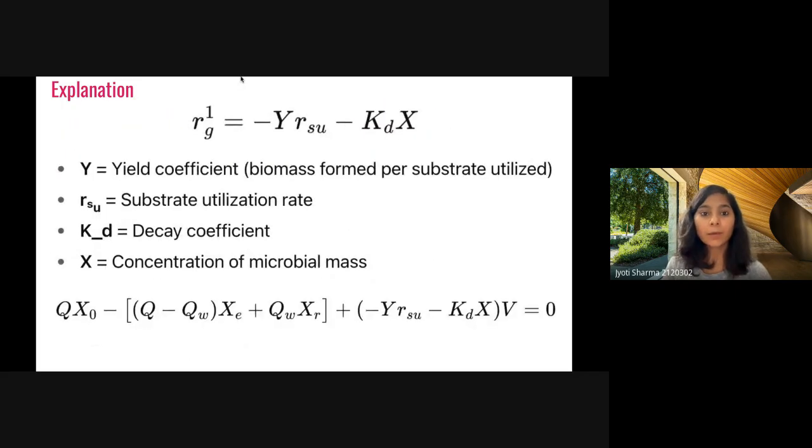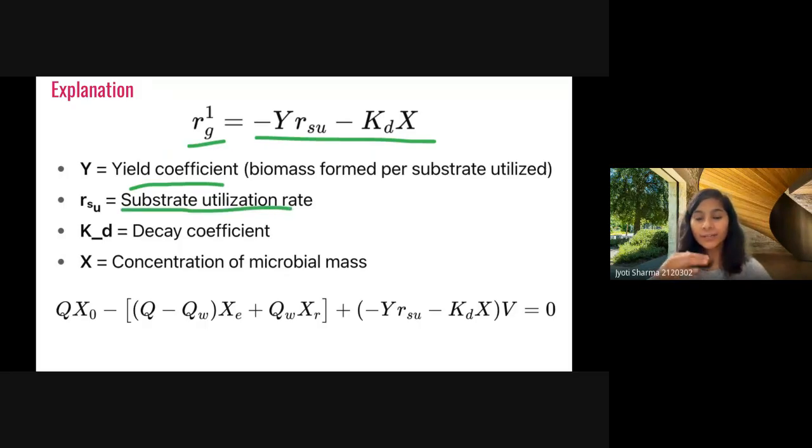In the growth rate, we have this rg, and this rg will be equal to minus Y rsu minus kd X. Here Y is the yield coefficient, and rsu is the substrate utilization rate, the rate with which substrate or organic matter is taken up by the microorganism.